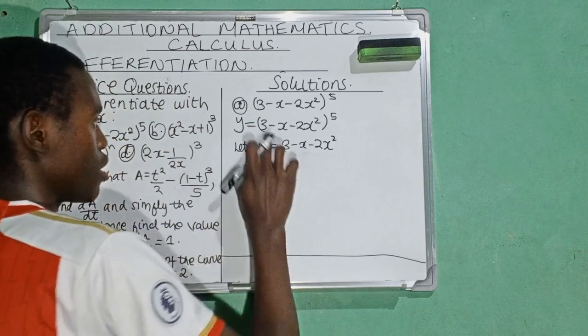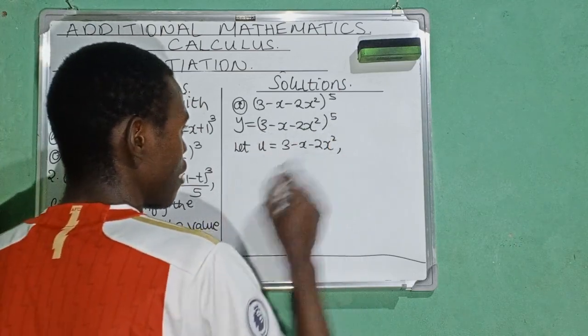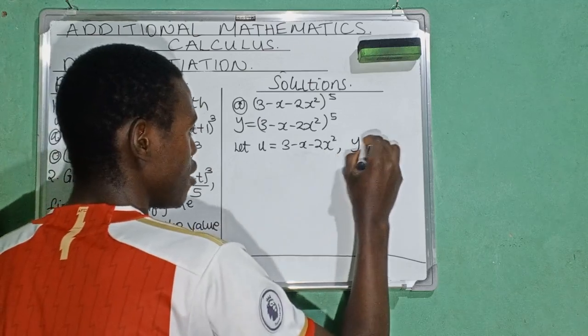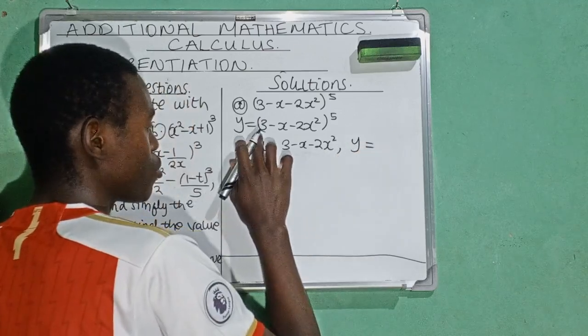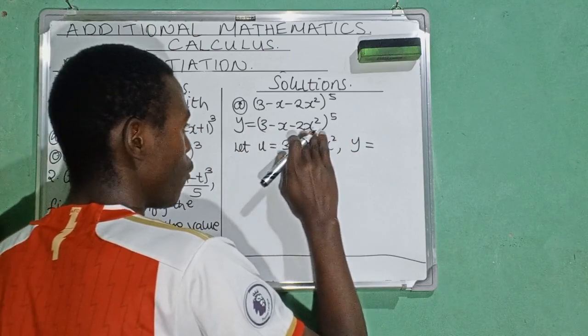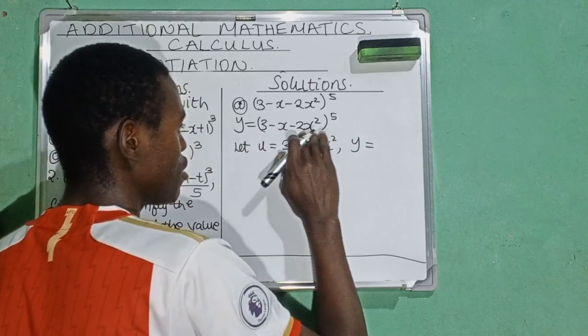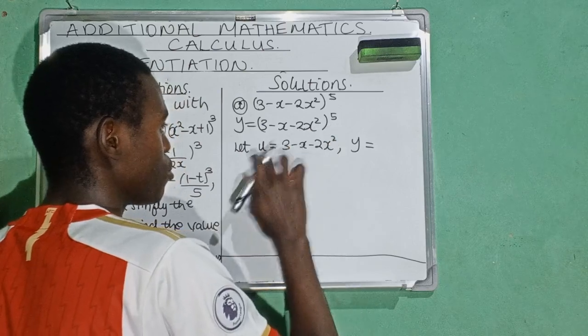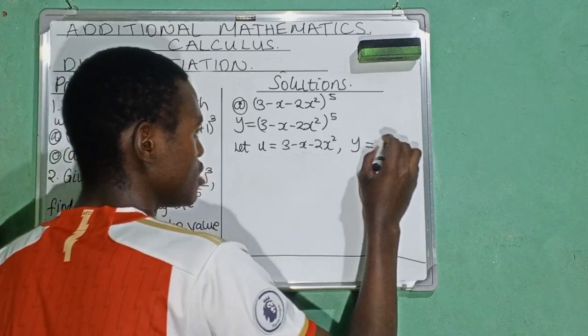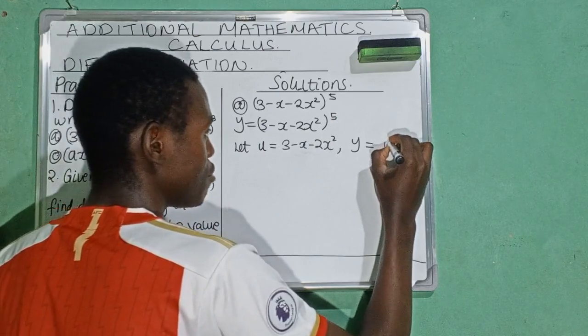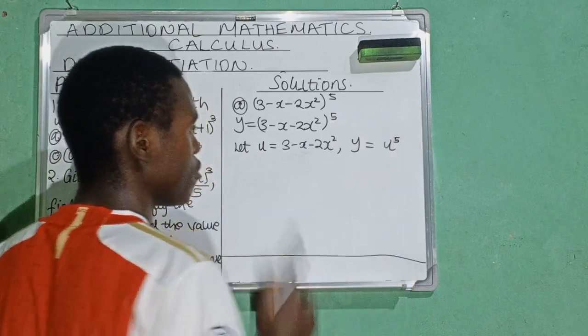That would become your u. And then y is equal to u, everything in the base substituted by u, raised to the power 5. So y is u to the power 5.